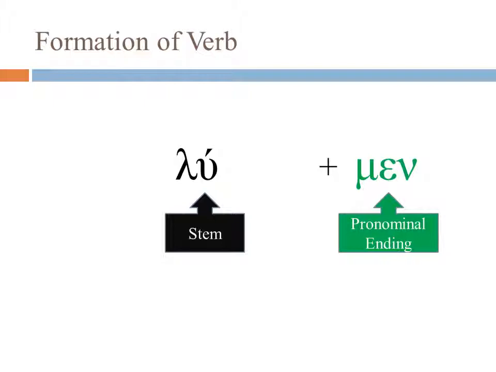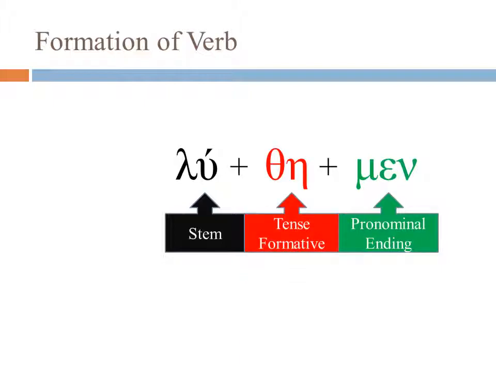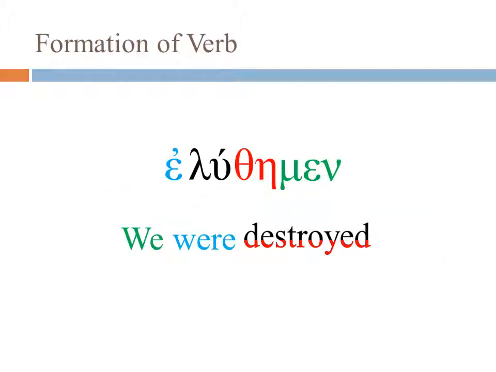Now, these two things alone would have made up the present tense, but the following things are also possible later on. We could have a tense formative, and a tense formative is one or two characters that specify the tense of the verb. And the final thing that we could have is a time prefix, and this time prefix, usually an epsilon, is used to tell us that it's in the past tense.